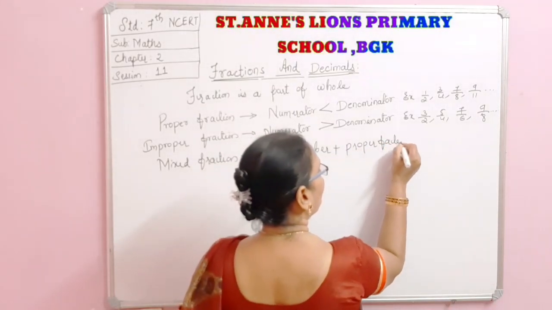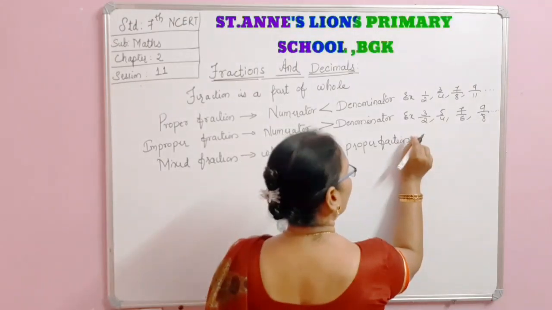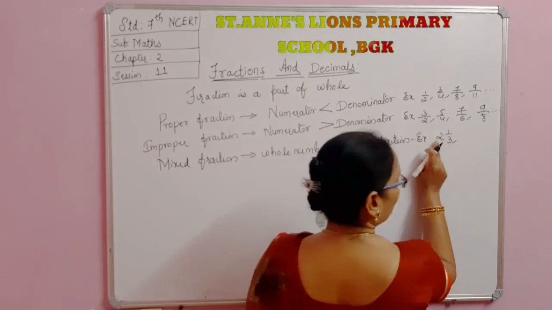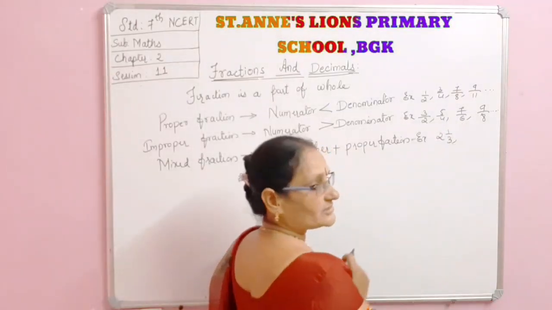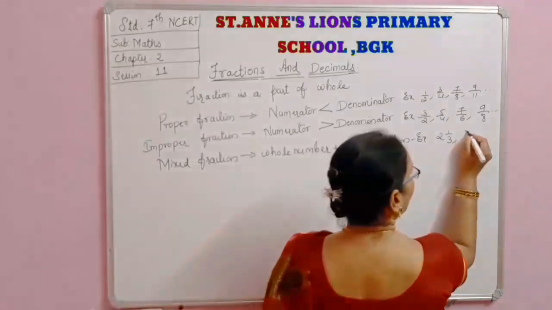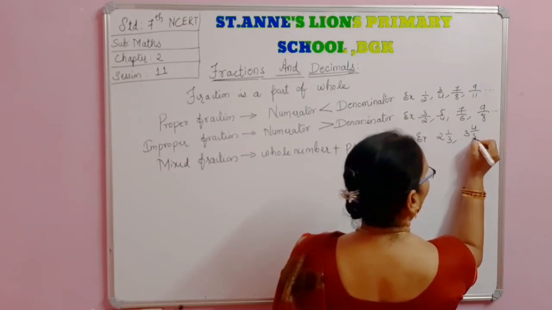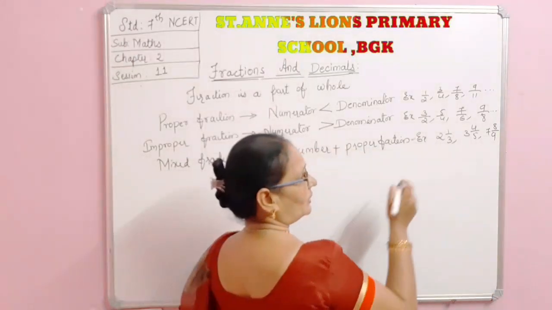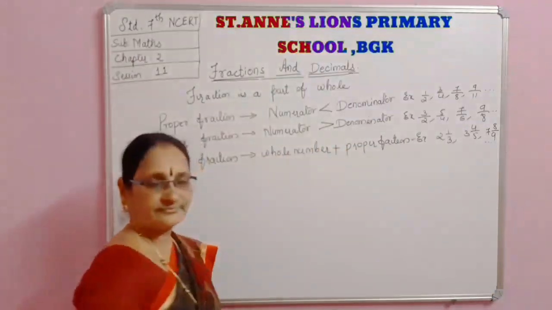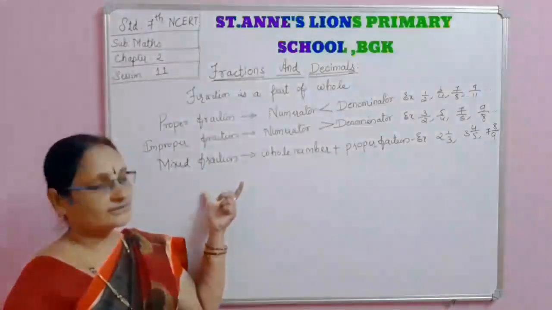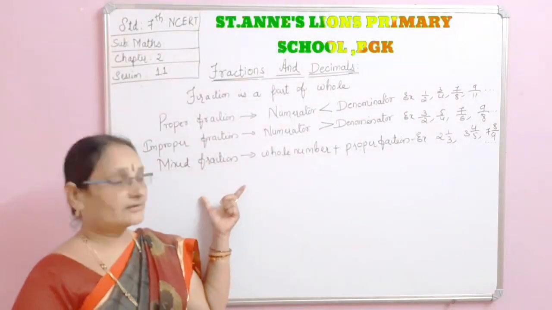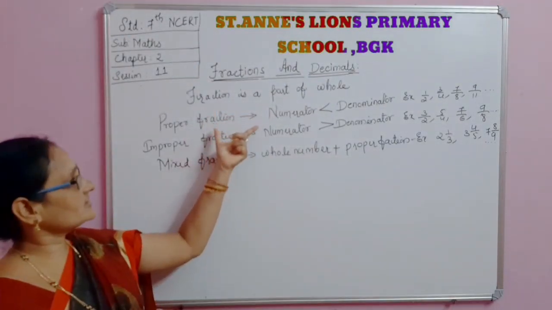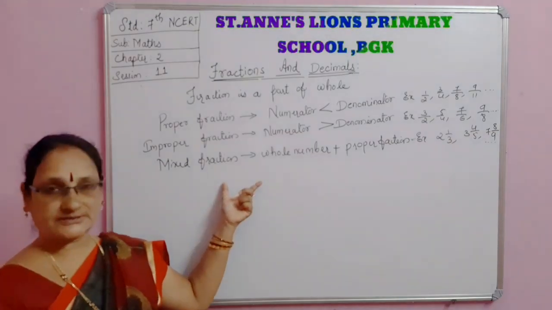For example, 2 integer 1 by 3, one whole number, and 1 by 3 is a proper fraction. Then 3 integer 4 by 5, 7 integer 8 by 9, and so on. So many mixed fractions you can write. This is the main important basic of the fractions: what is fraction, proper fractions, improper fraction, mixed fraction.